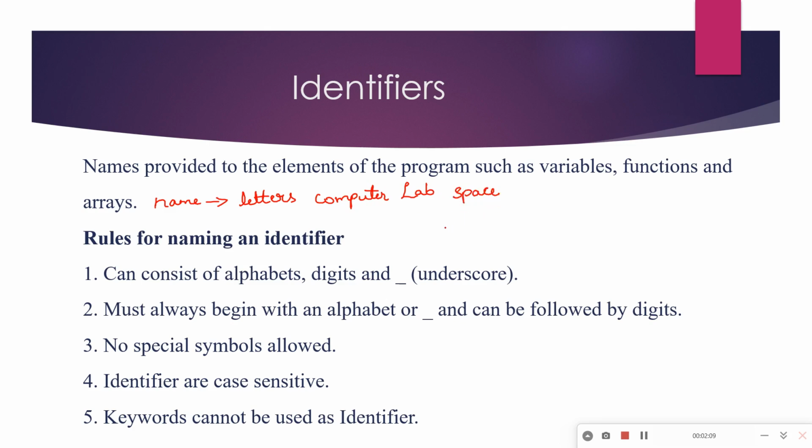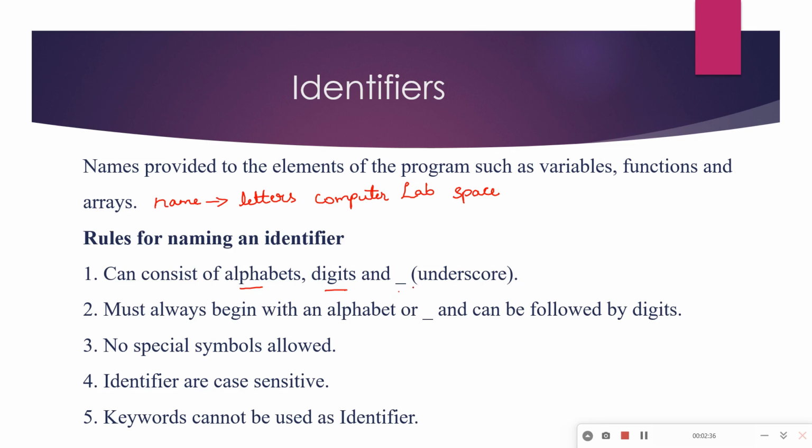Similarly, for the variable name, array name, or function name, it can consist of alphabets, digits, and it can also include one special symbol, that is underscore. No other special symbol can be included as a part of a variable name, function name, or array name.